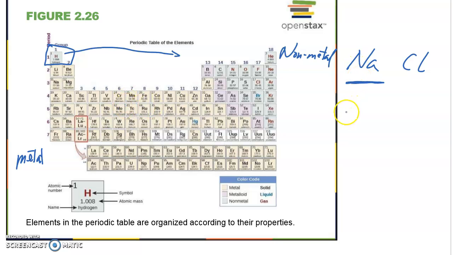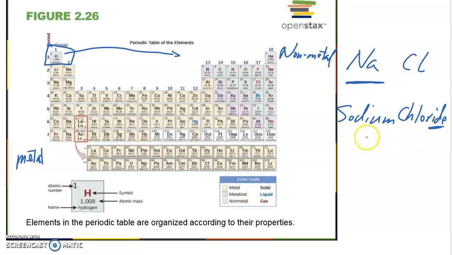In this case, it is sodium. The second element is chlorine. We have to change it and it will become chloride. It must end with IDE. Whenever you see a binary formula that ends with IDE, that means it is an ionic compound.